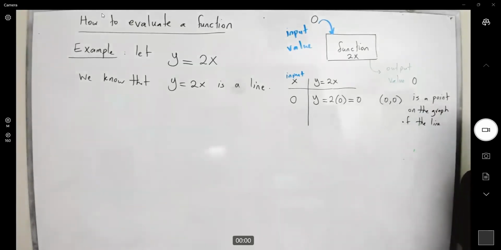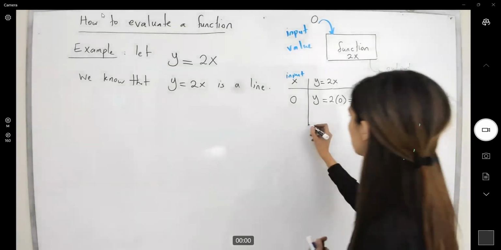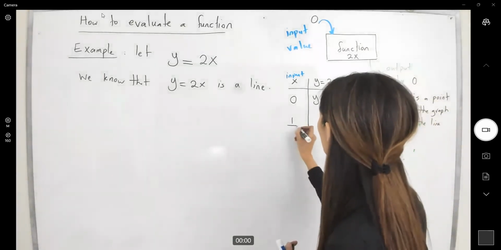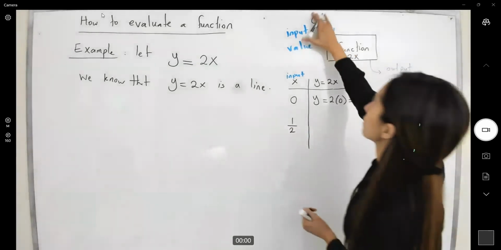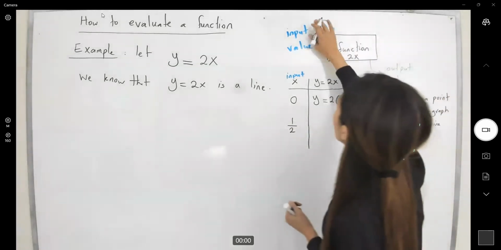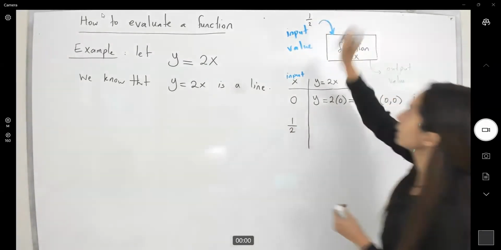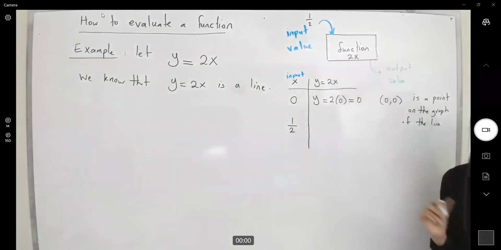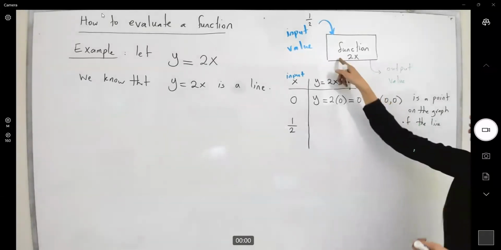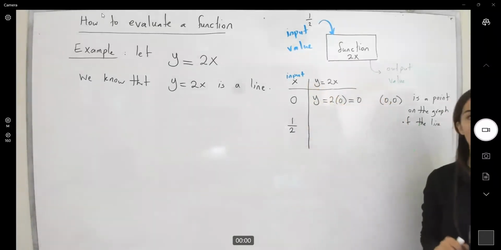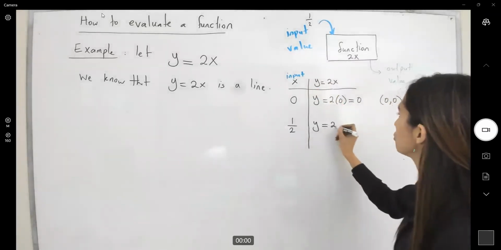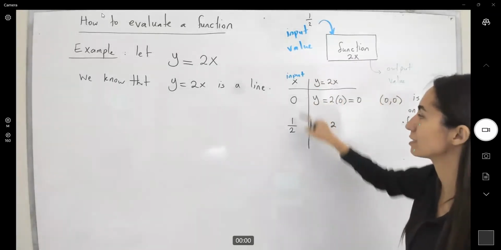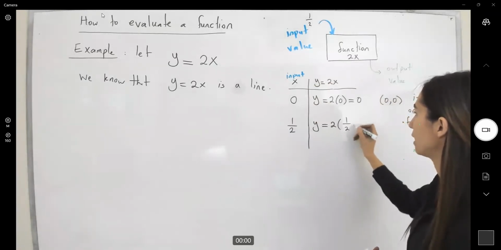What if I plug in another number, like a half, 1 divided by 2? This is my new input. So instead of 0, I'm going to use a half. I'm going to enter a half into this machine, see what changes this machine makes to a half and what the output value is. So y is defined as 2 times x, and my x is a half. So 2 times a half.